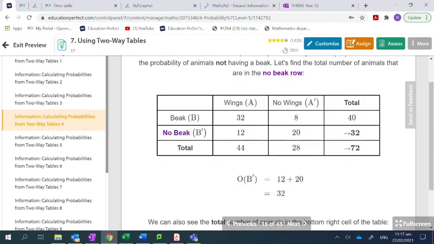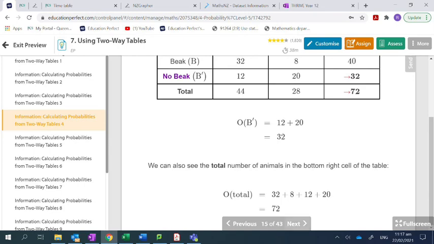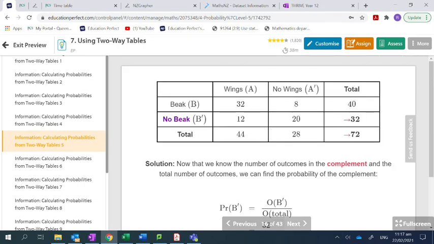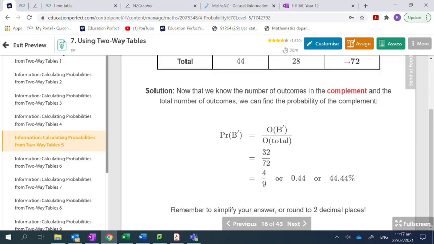Again, they're doing no beak. It's 32 out of a total of 72 animals. They reduced it to 4 over 9, changed it to a decimal of 0.44, rounding it to 2 decimal places, which became 44.44%. What happens when you do 4 over 9 is you just get a 4 that repeats.